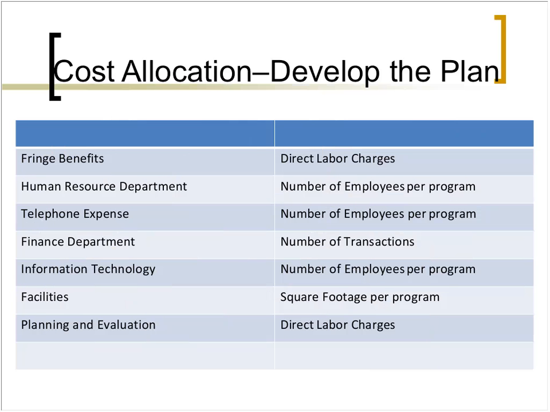The following chart has a number of different methods to allocate different costs. If fringe benefits is in your cost pool, you may allocate those based on direct labor charges. The Human Resources Department or telephone expense or information technology might be the number of employees per program. Finance Department might be the number of transactions by program. Planning and evaluation may be direct labor charges. Once again, this is not to be an all-exclusive list. Rather, there are multiple ways to allocate those costs.